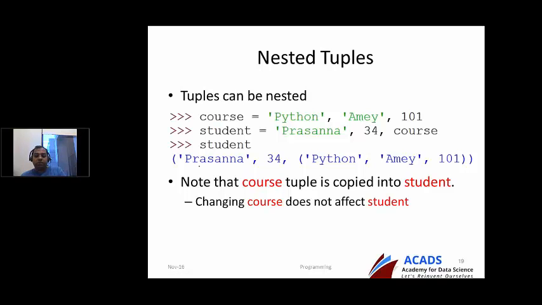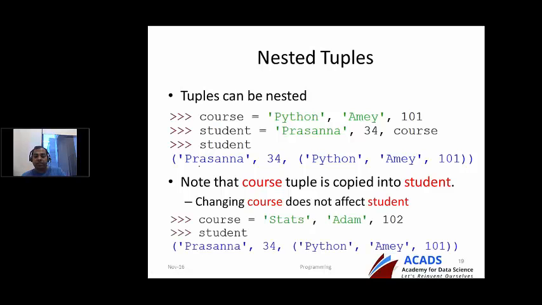Okay. So the thing to note here is the tuple course is copied into tuple student. So course itself is different from the value which gets inside tuple student, which means if I later change tuple course to some other course, it does not change my student tuple. Okay, it still remains the same. So this is another thing to remember, that tuples are copied by value.